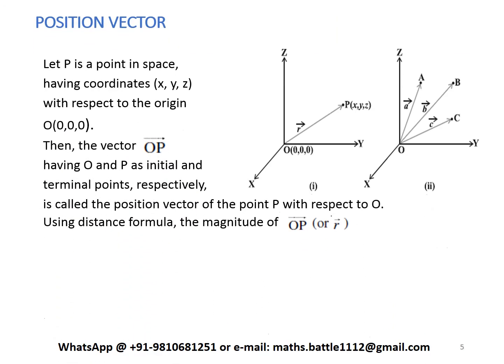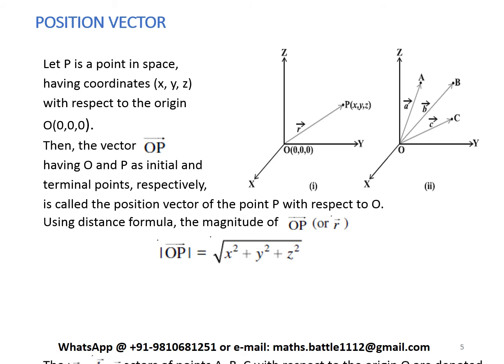Position vector. Let P be a point in space having coordinates x, y, z with respect to the origin O. Then the vector OP, having O and P as initial and terminal points respectively, is called the position vector of the point P with respect to O. Using the distance formula, the magnitude of vector OP or vector r is OP equal to square root of x square plus y square plus z square.